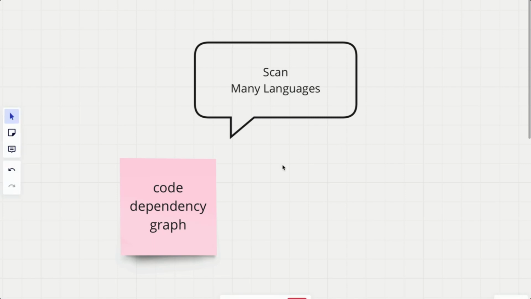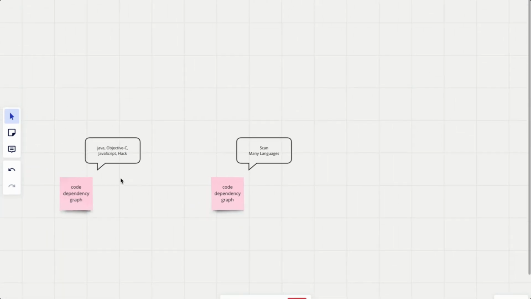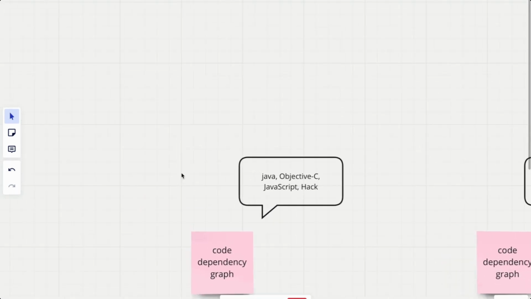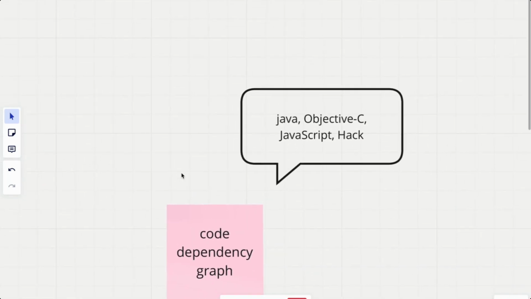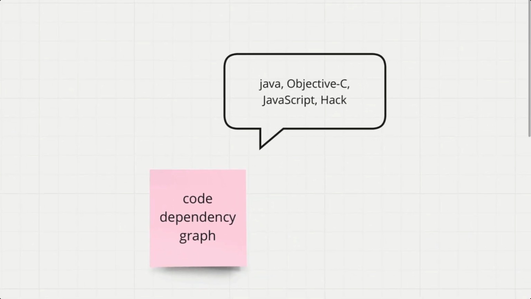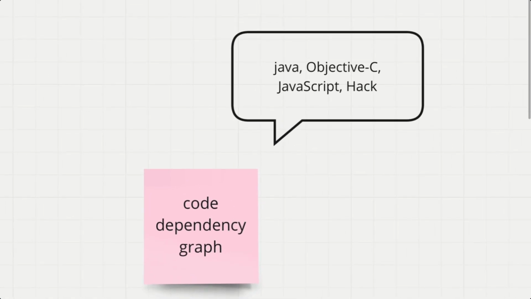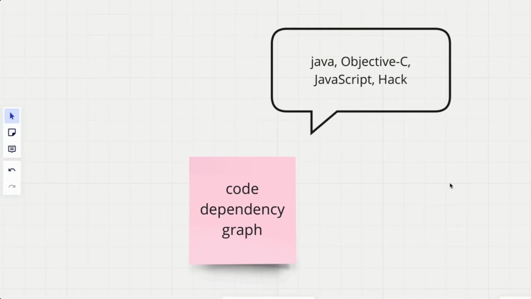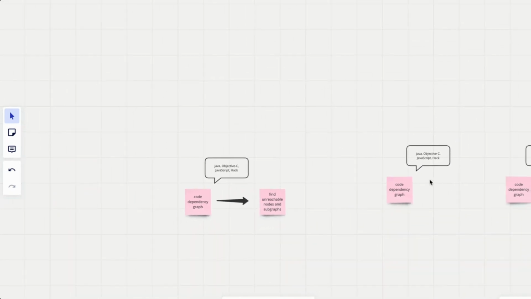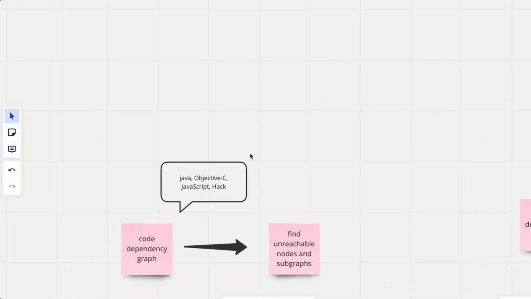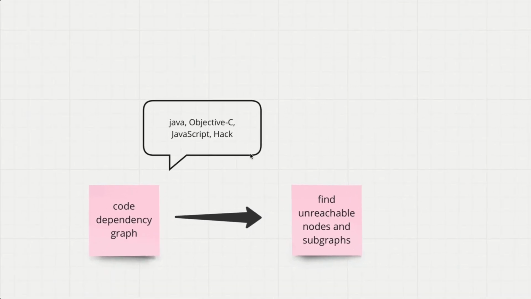This code dependency graph should be capable of handling multiple languages. They mention that it is capable of handling Java, Objective-C, JavaScript, and even server code written in Hack.